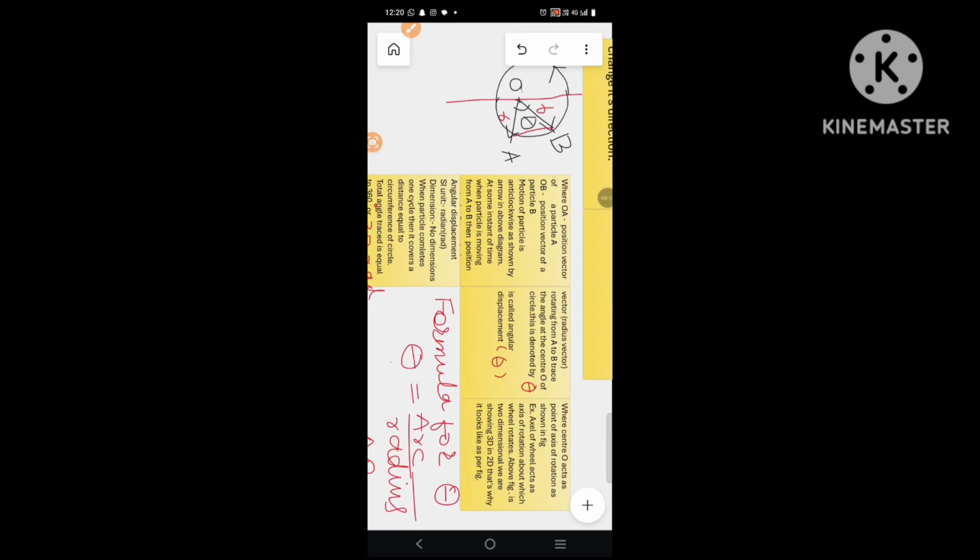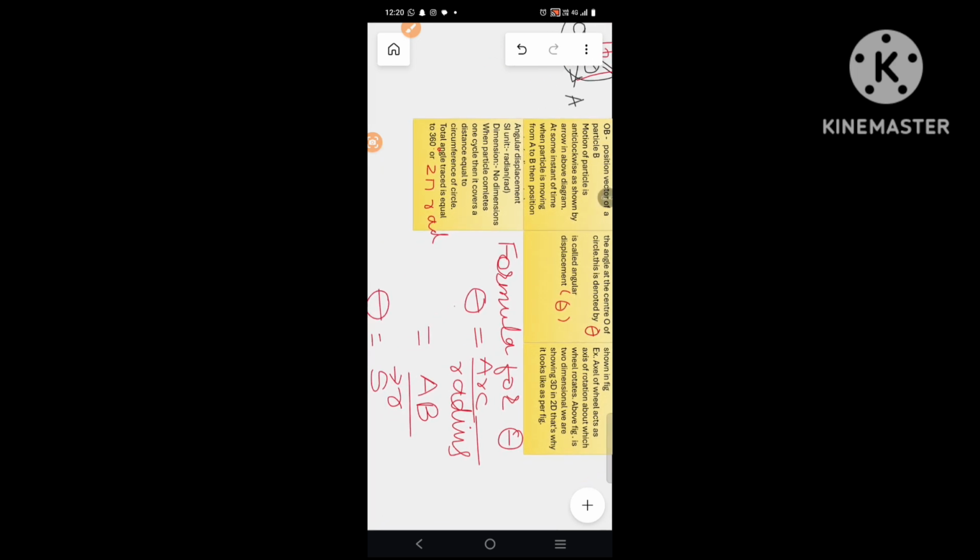Because theta is directly proportional to the arc, or the linear displacement AB. As the linear displacement changes, the angle also changes, so it is directly proportional and is written in the numerator. And theta is inversely proportional to radius, so it is written in the denominator.